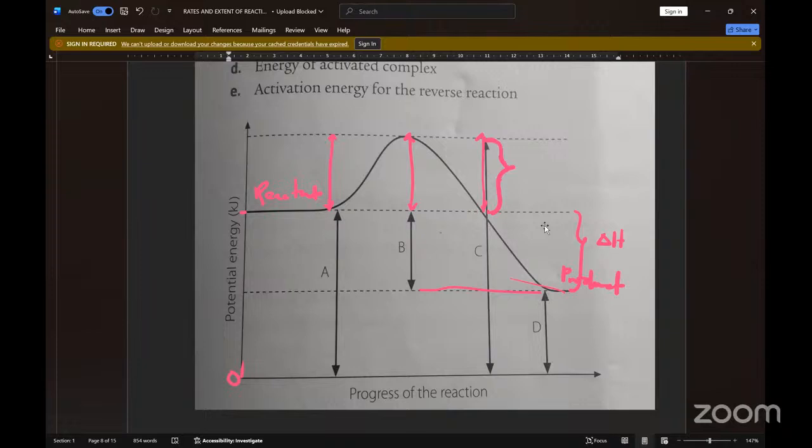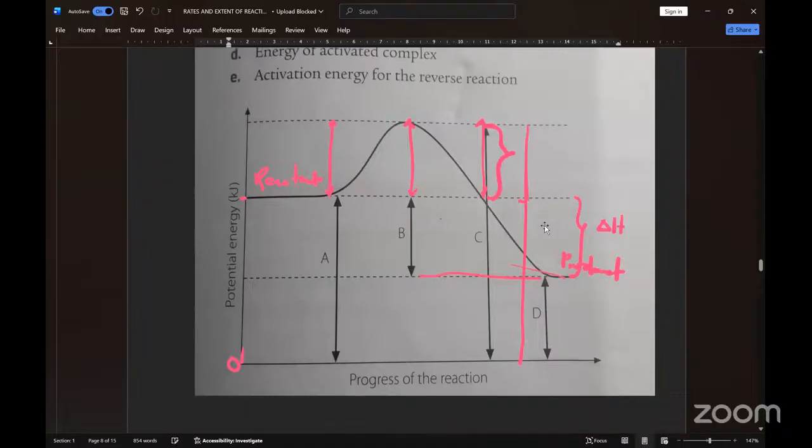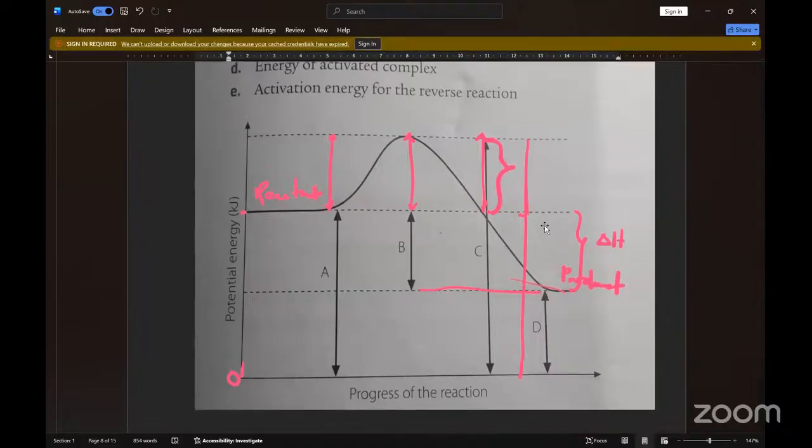So we can say that the whole of this from this part up to this part is C, and from this part to this part is A. So we can say that our activation energy is C minus A. Remember A, if you move it backwards, you move the whole of this one here, it's going to stand here.